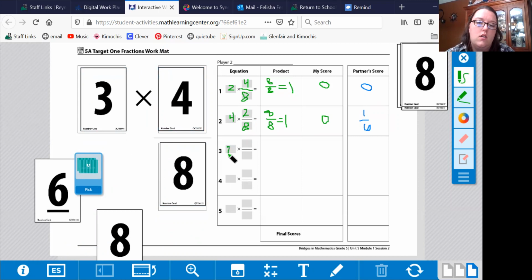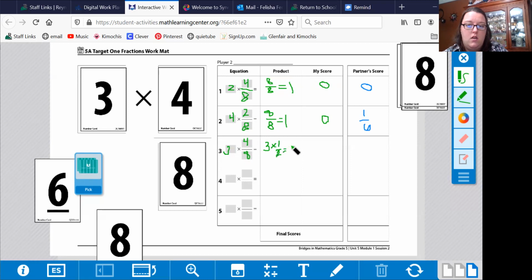So 3 groups of 4/8. So a couple ways I can solve this. One, I know that 4/8 is the same as 1/2. So really this is the same as 3 groups of 1/2.